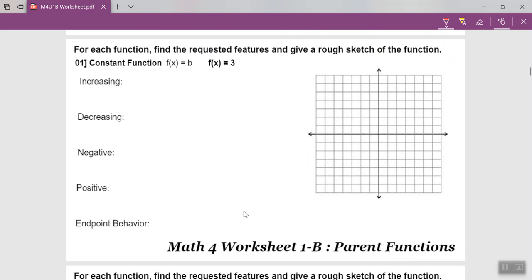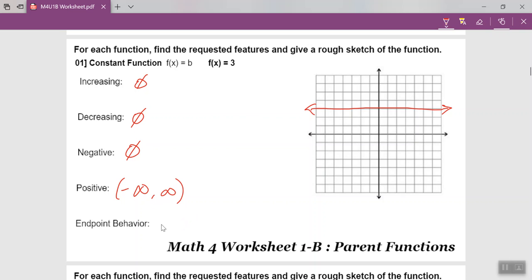Now, for increasing and decreasing, when you think about it, at no point on that line is it either increasing or decreasing. There's no place on it where it's negative because it's above the x-axis. And so positively, when you go from negative infinity to positive infinity, it is all positive.